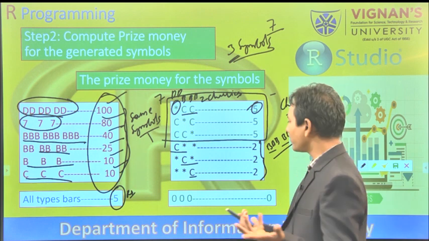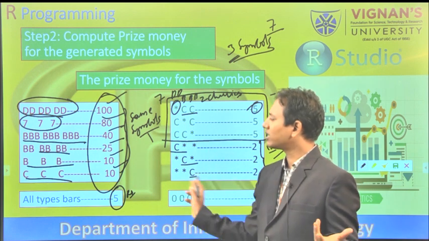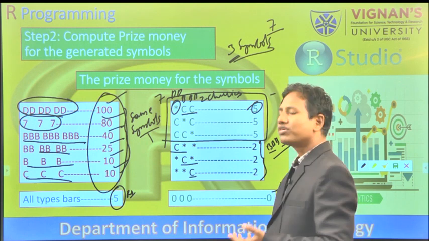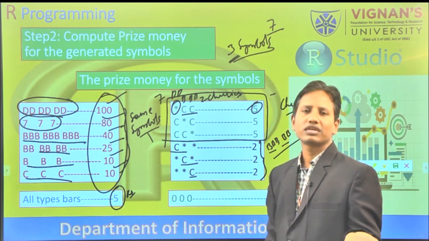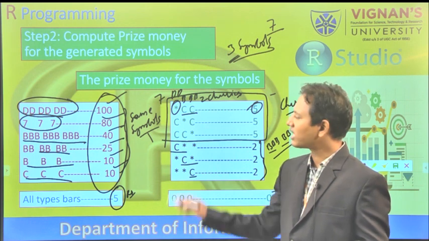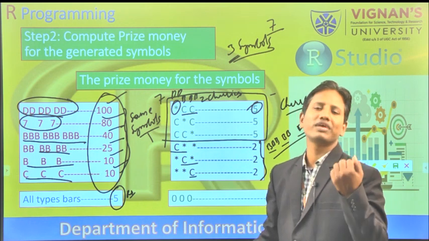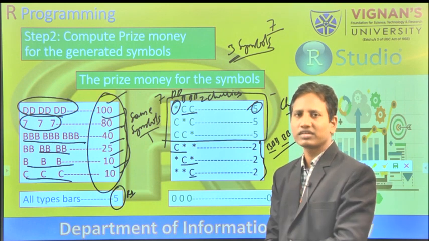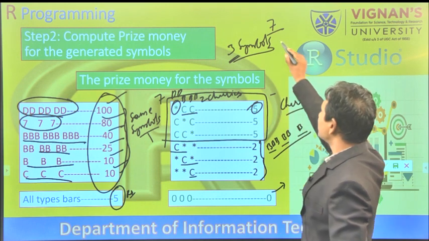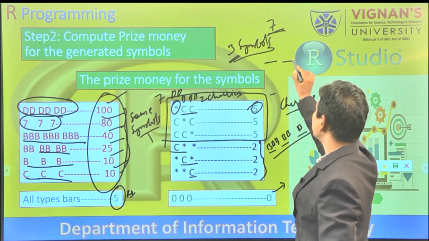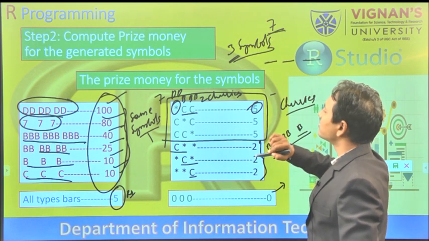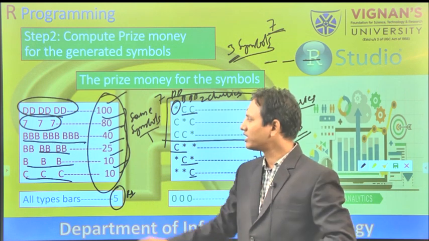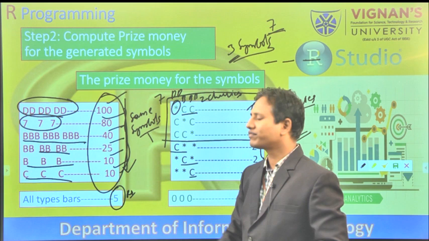And ultimately, if you don't get any among these, then you will be given 0. So for any other combination other than these 3 combinations, you will be given 0. Once again, I'll repeat. Out of 7 symbols, we are going to get 3 symbols. In these 3 symbols, if the same symbol is repeated thrice, then this is the prize money we have to follow.